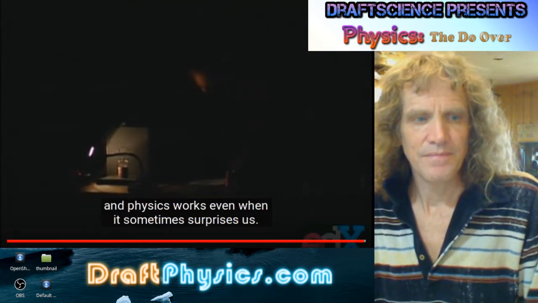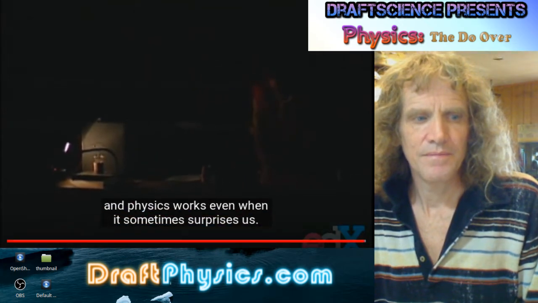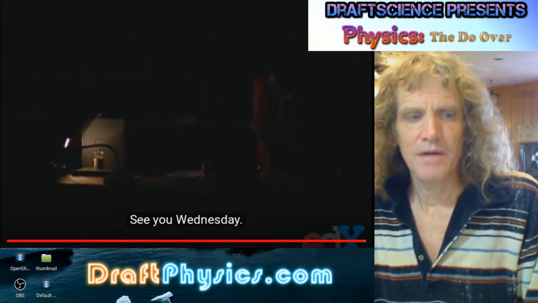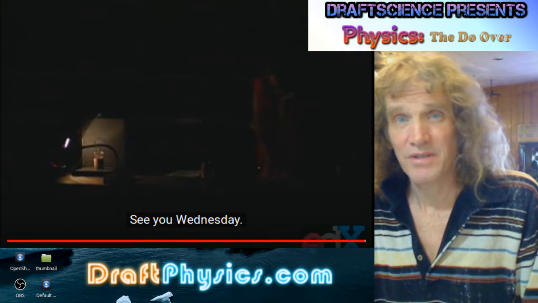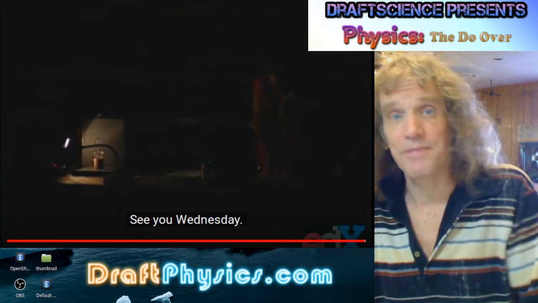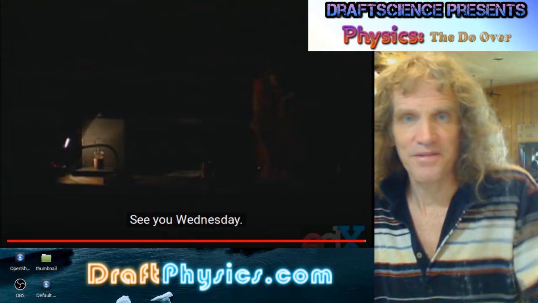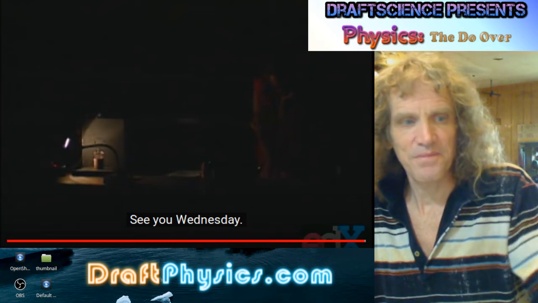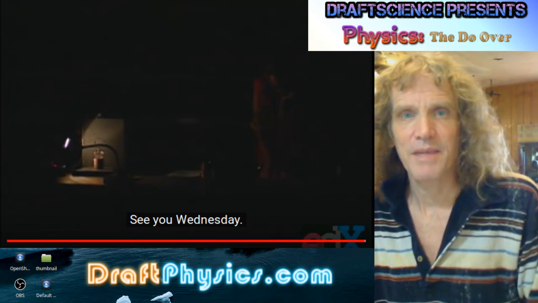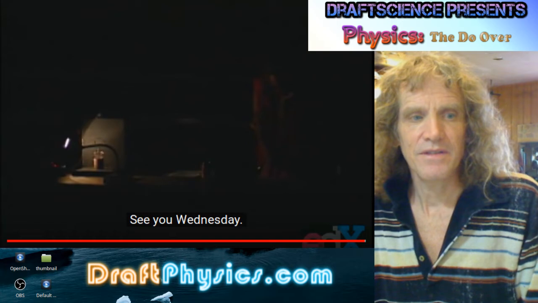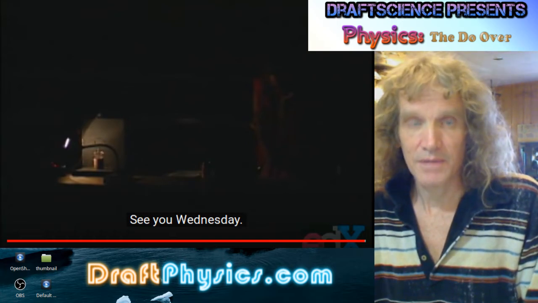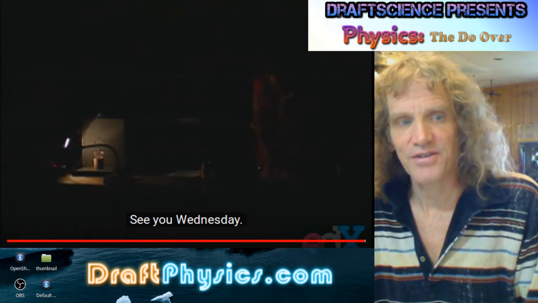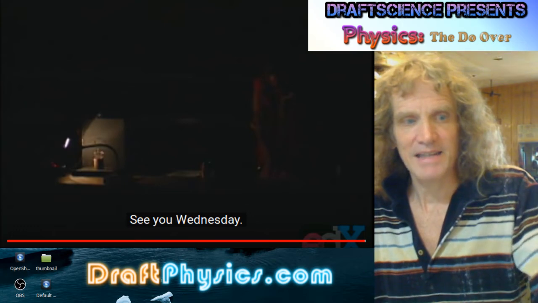And physics works even when it sometimes surprises us. Yeah, well, it works because you force it to work, because you create air gaps that don't exist, and you do other little finagles, little cheats here and there to make it work. But your physics really doesn't work because you really don't understand the nature of the mechanics.